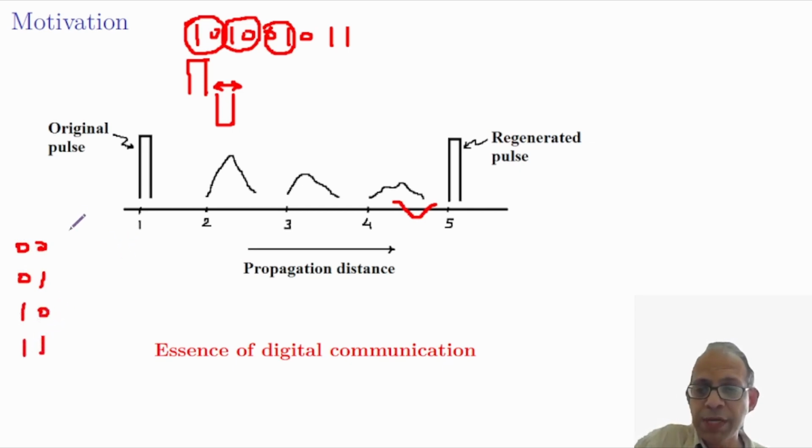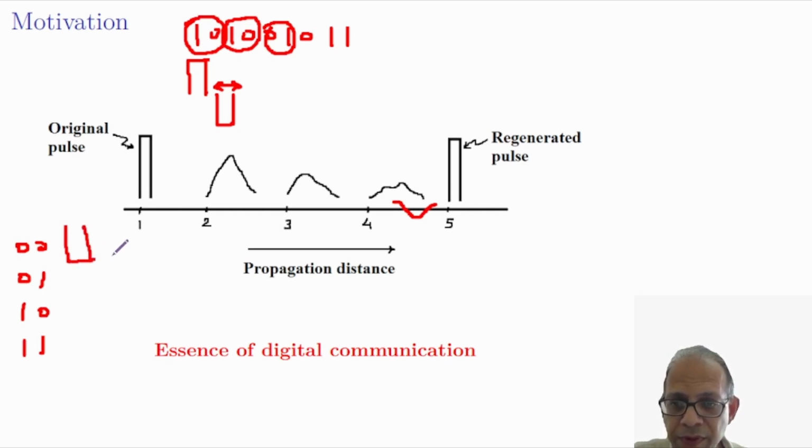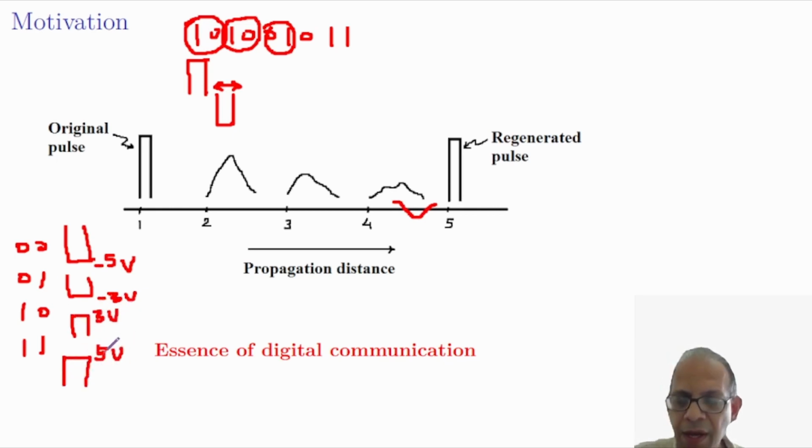In this case we may choose 4 distinct symbols to represent these 4 possible bit pairs. Suppose 0 0 is represented by negative 5 volt, 0 1 by negative 3 volt, 1 0 by positive 3 volt, and 1 1 by a positive 5 volt.